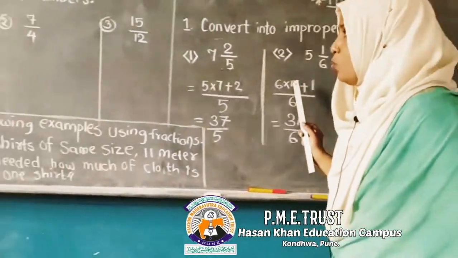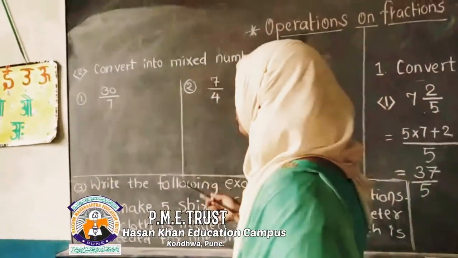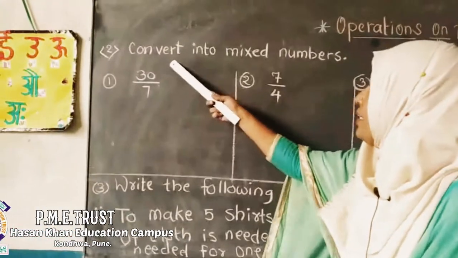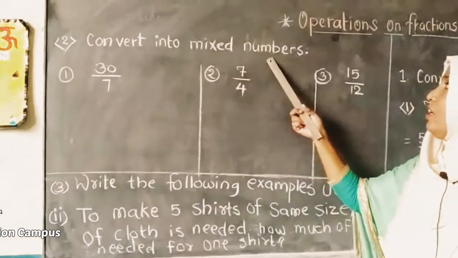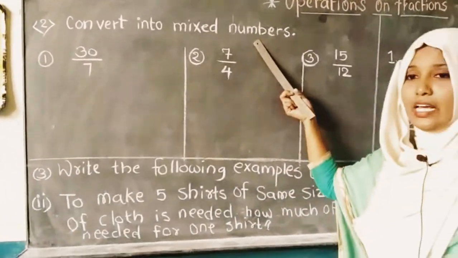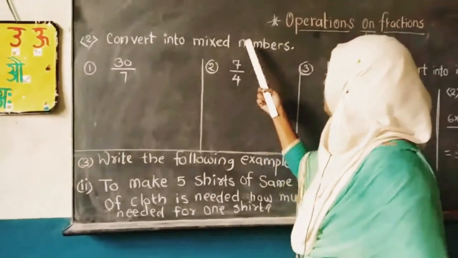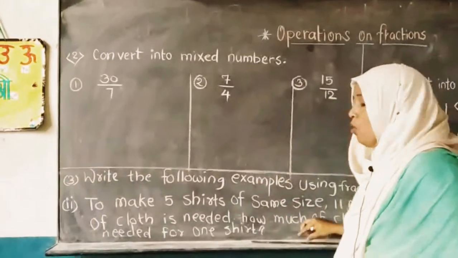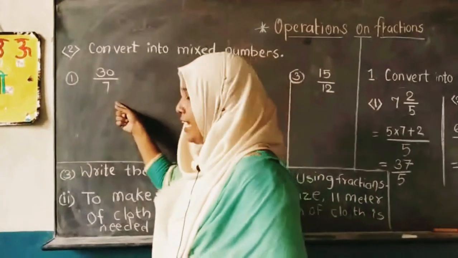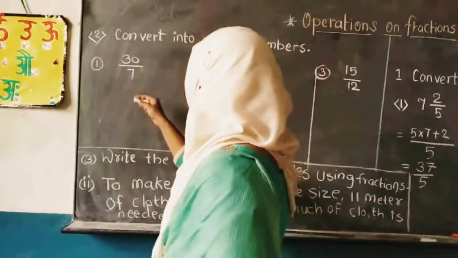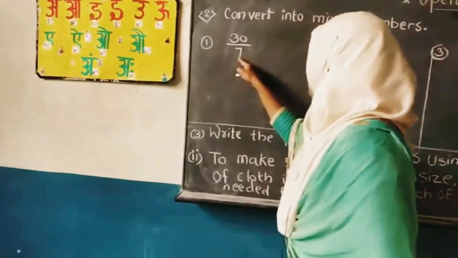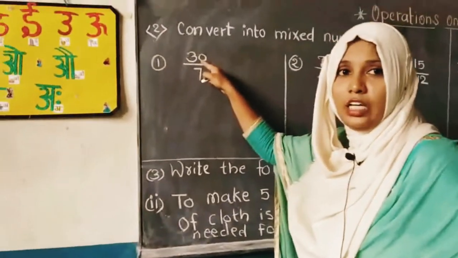Okay, the next one in this exercise, question number 2, convert into the mixed number. The third type is what? Mixed number. Okay students, what you have to do in this first example, see here, 30 is divided by 7.